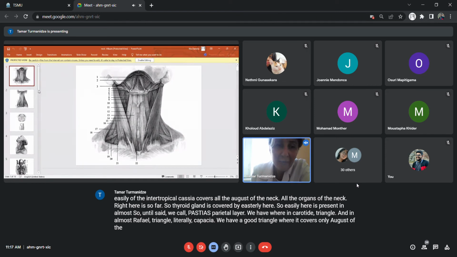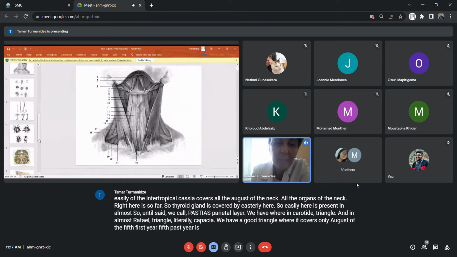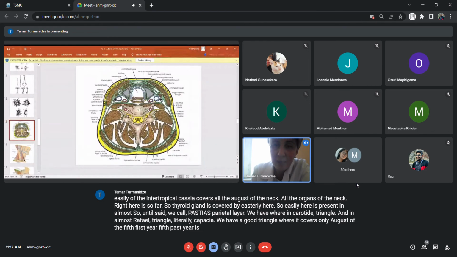The fifth fascia is called prevertebral fascia. This will be the prevertebral fascia, which is located anteriorly to the vertebra.